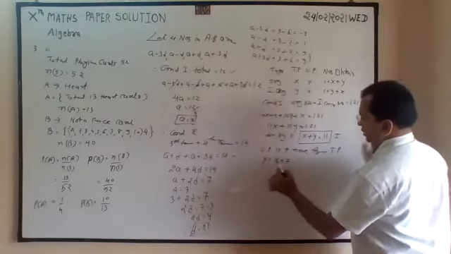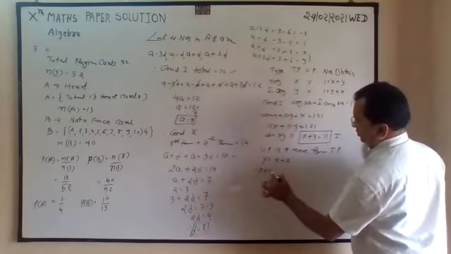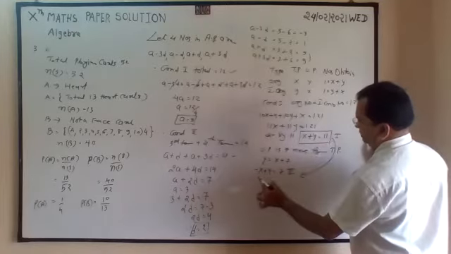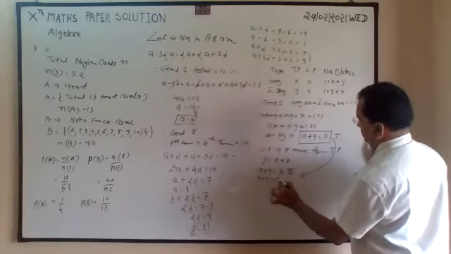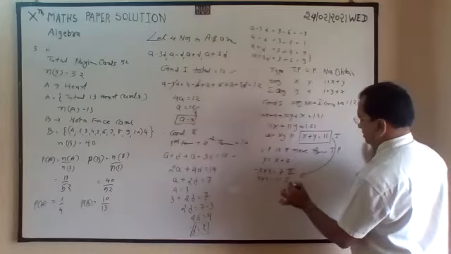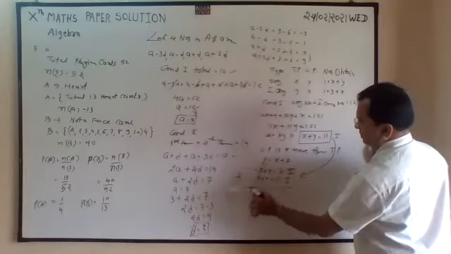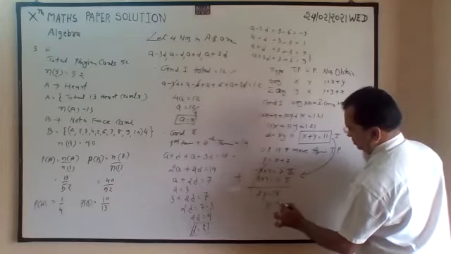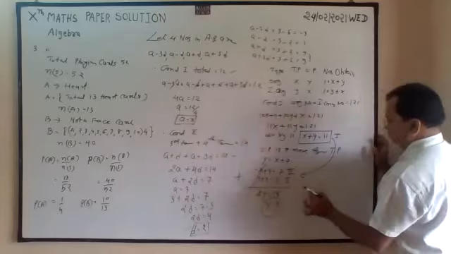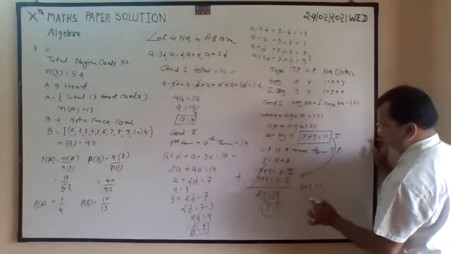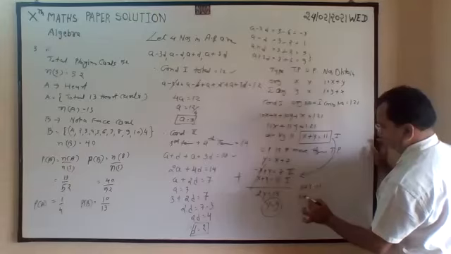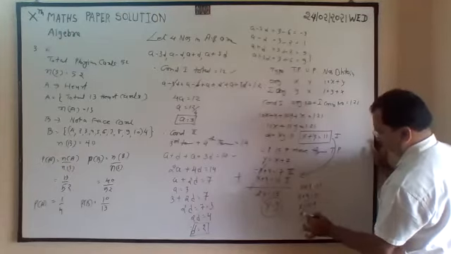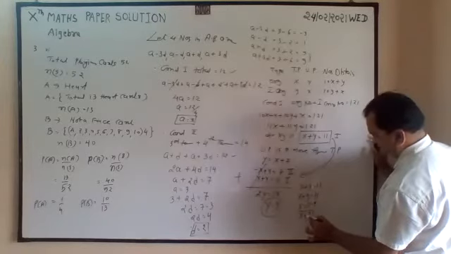So you can write minus x plus y is equal to 7. This is the second equation, and x plus y is equal to 11 is the first. By adding, x cancels: 2y is equal to 18, y is equal to 9. Then x plus 9 is equal to 11, so x is equal to 2.